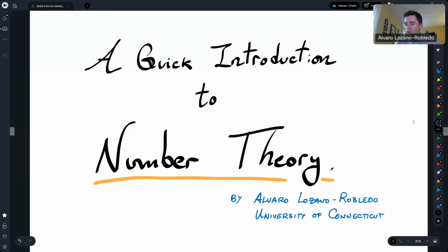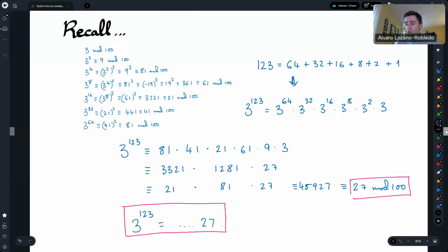Hello, welcome back. In this video, we're going to talk about powers of numbers in congruences. Recall that in a previous video, we learned about the fast powering algorithm. To compute something like 3 to the 123rd power, one does not have to complete the entire expansion.